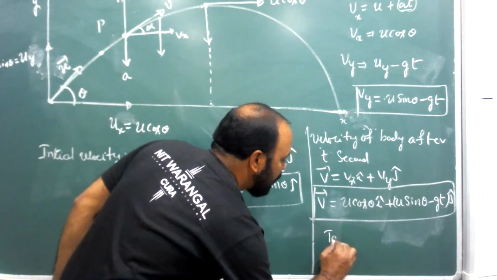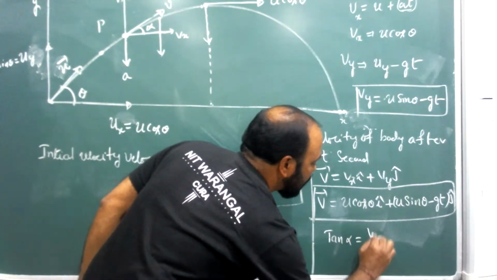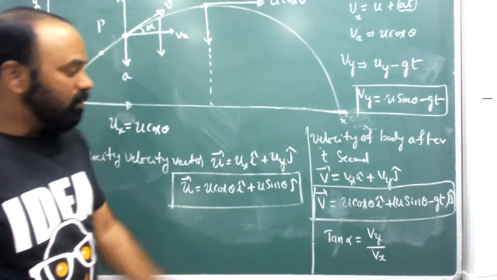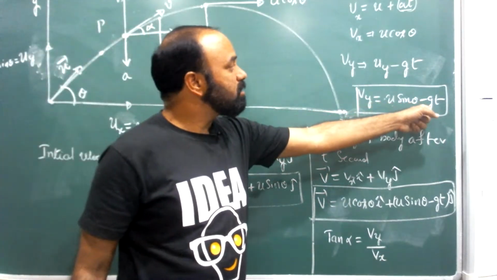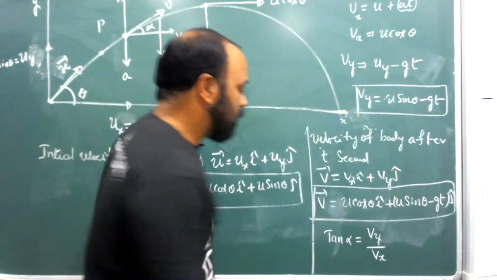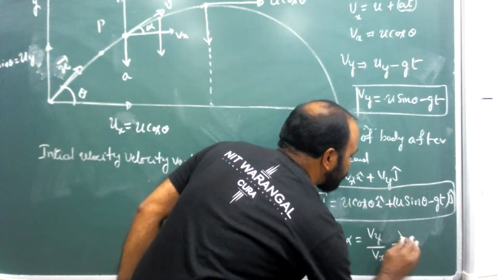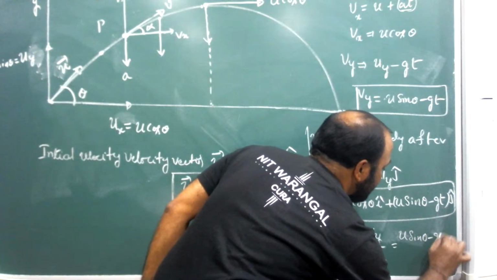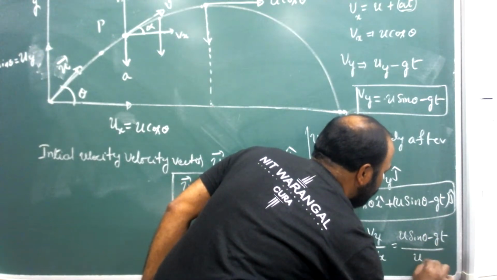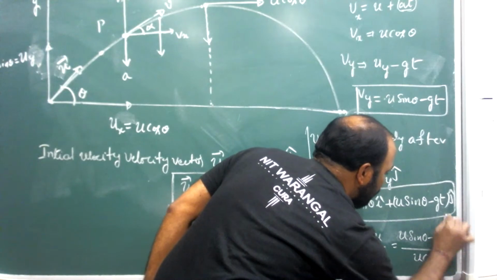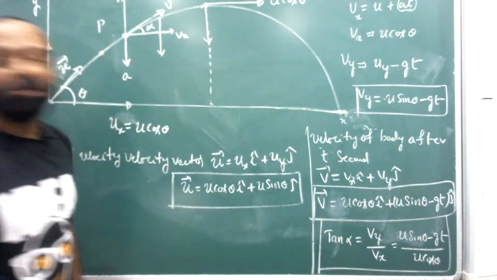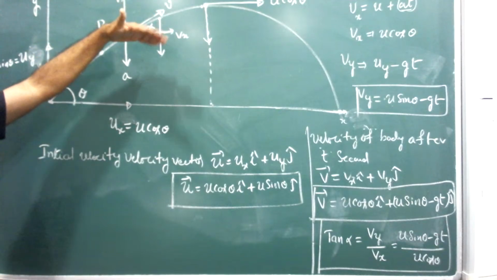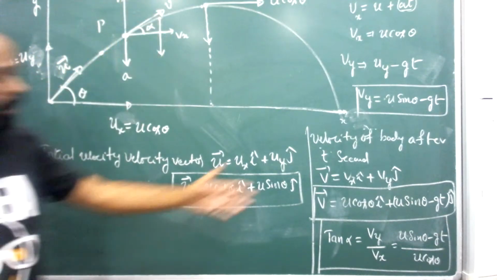So tan alpha equals Vy by Vx. Vy is u sin theta minus gt, Vx is u cos theta. So tan alpha equals (u sin theta minus gt) by u cos theta. This is the formula to find the angle made by the projectile with the horizontal after t seconds. Okay, write this down.